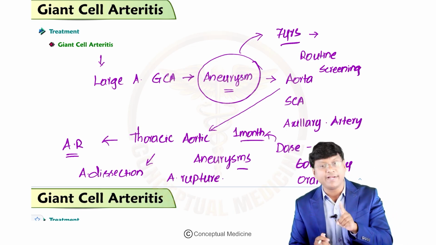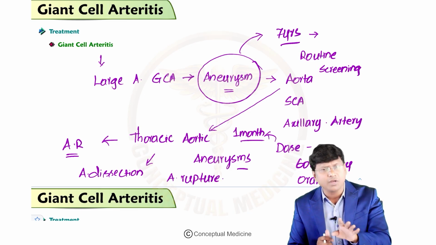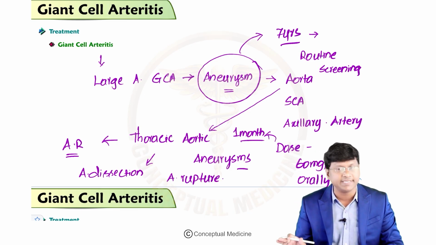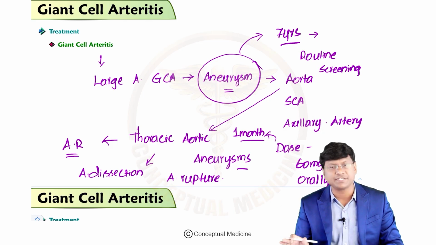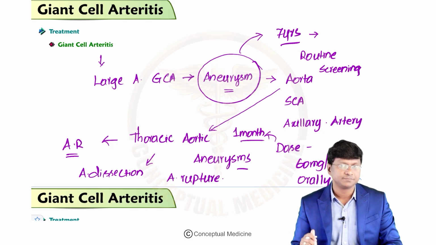After 1 month of high dose prednisolone, almost all patients will have a normal ESR.